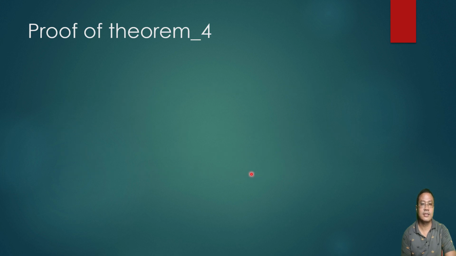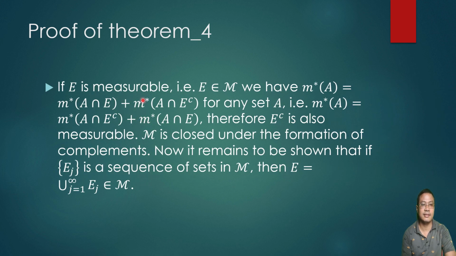Next, if E is measurable, that is E is a member of M, we have M star A is equal to M star A intersection E plus M star A intersection E complement for any set A. That is, M star A is equal to M star A intersection E complement plus M star A intersection E. From the symmetry, you can conclude that E complement is also measurable, and therefore E complement is a member of M. So it shows that M is closed under the formation of complement.